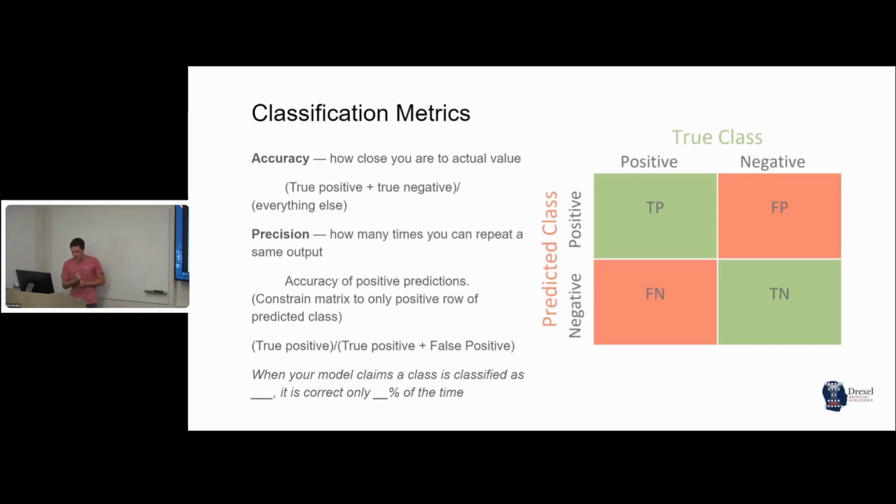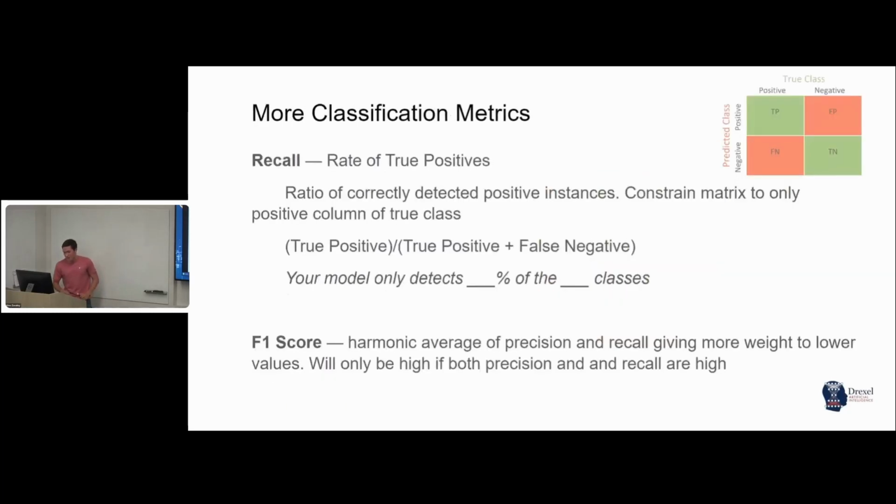So precision, if you take the predicted class on the left side, it's going to be the top row of the confusion matrix. What I mean by that, it's the true positive divided by the true positive plus the false positive. So it's the row. Whereas recall is the ratio of correctly detected positive instances.